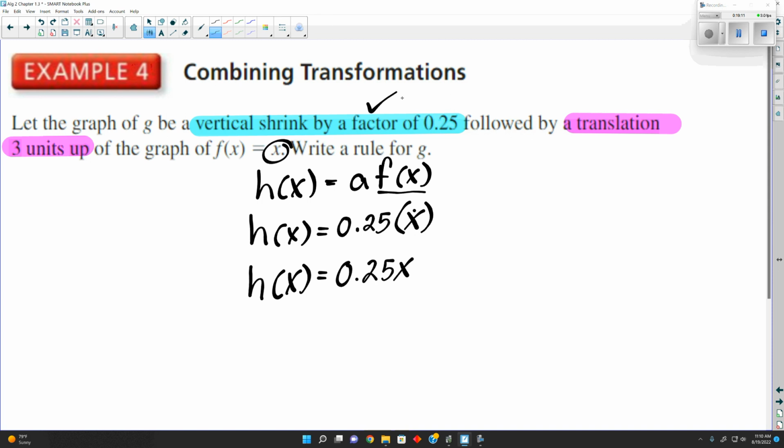Now we need to apply the other transformation, the last one, which is a vertical translation. We're moving it up or down. And the general form for moving up and down is going to be our f of x plus k. Well, we're not applying it to f of x, we're applying it to what? H of x, because that's the function we're applying it to.